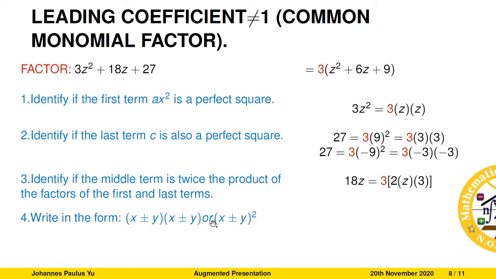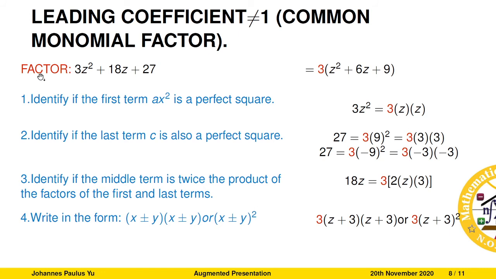And now, if steps 1, 2, 3 are yes, we can now write the form of x plus y quantity squared, or the quantity of x plus y times another quantity of x plus y, since it is positive. So we can write its form based on the given as 3 times the quantity of z plus 3 times another quantity of z plus 3, or 3 times z plus 3 quantity squared.